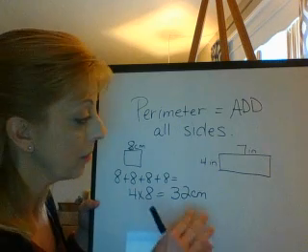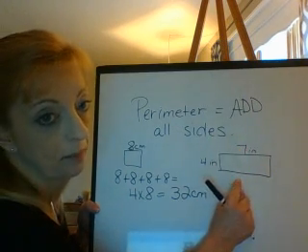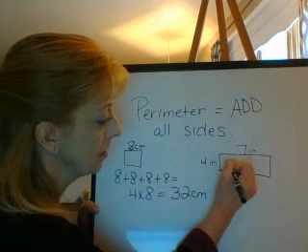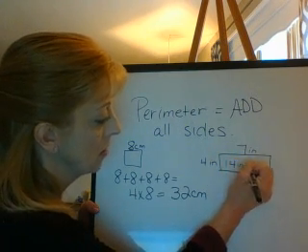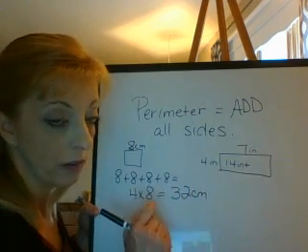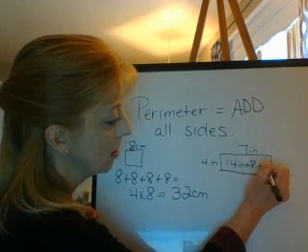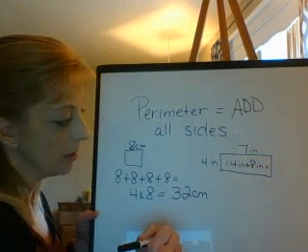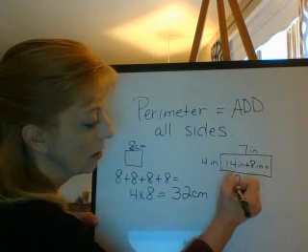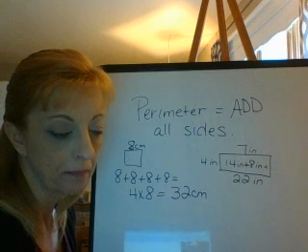I'm not going to draw them on there because we know if 7's on the top, then there's a 7 on the bottom. And those 2 7s are 14. We know there's 4 inches on the left, that's going to be 4 inches on the right, and those 2 4s are going to be 8 more inches. So when we add 14 plus 8, we're going to get 22 inches as our perimeter.